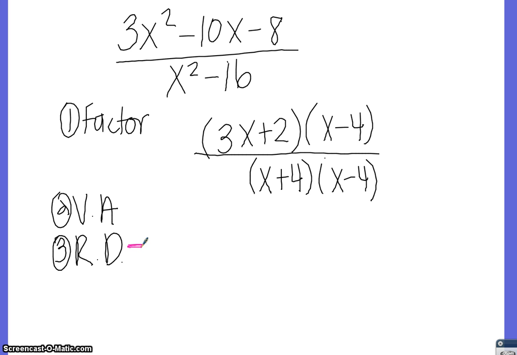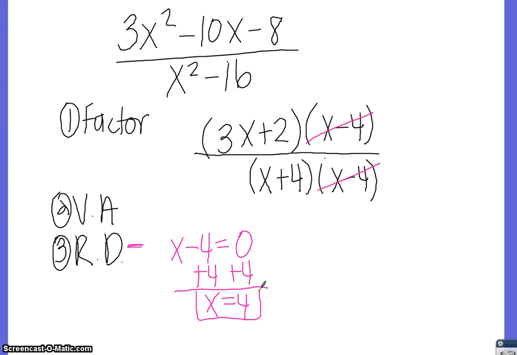If I look at my factored equation, my x minus 4's cancel. So I set x minus 4 equal to 0 and solve. When I add 4 to both sides, my RD becomes x equals 4. So here's your RD.